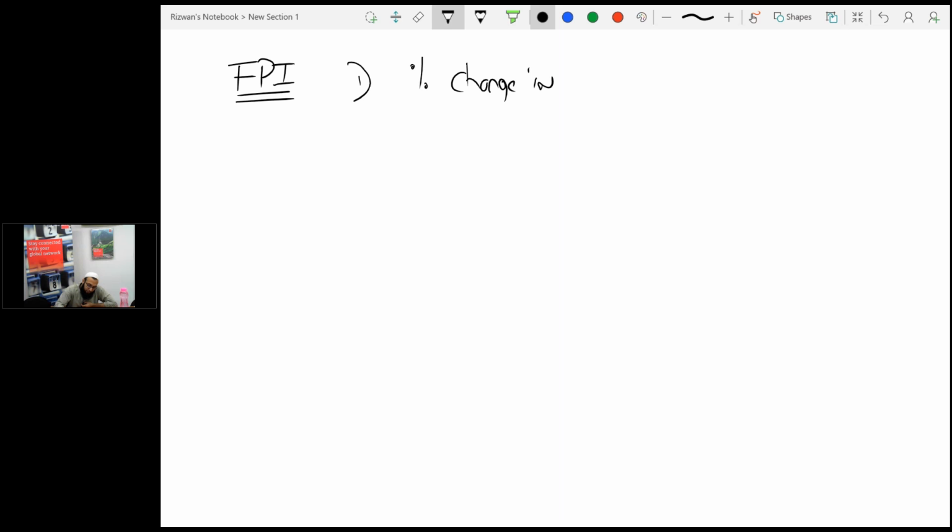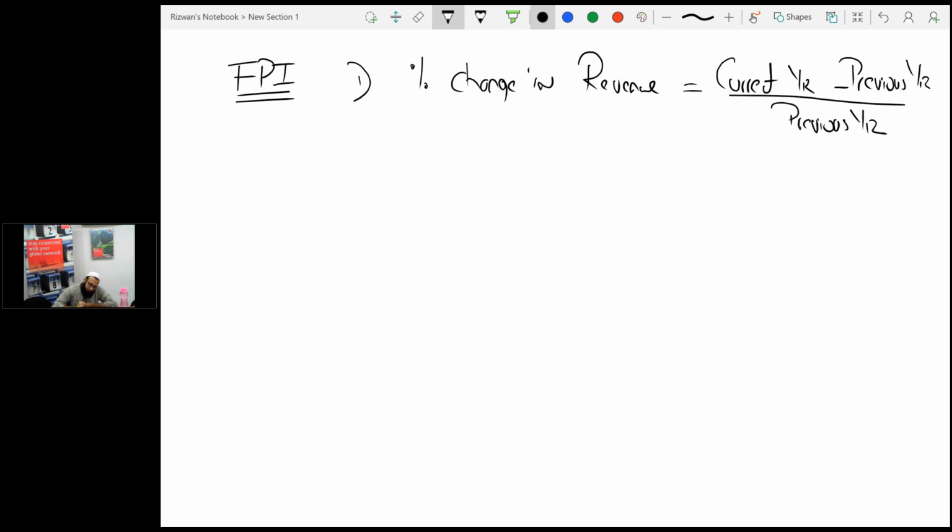change in revenue. It is a very important one that you have to calculate. And how will you do it? You will do it: current year figure minus previous year figure, divided by previous year. Same is percentage change in profits.